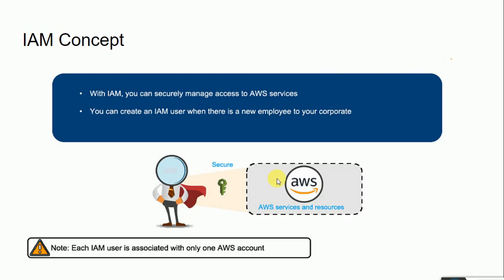Here we can see the note: each IAM user is associated with only one AWS account. So each and every user is associated with only one AWS account. We don't have one user associated with multiple AWS accounts.